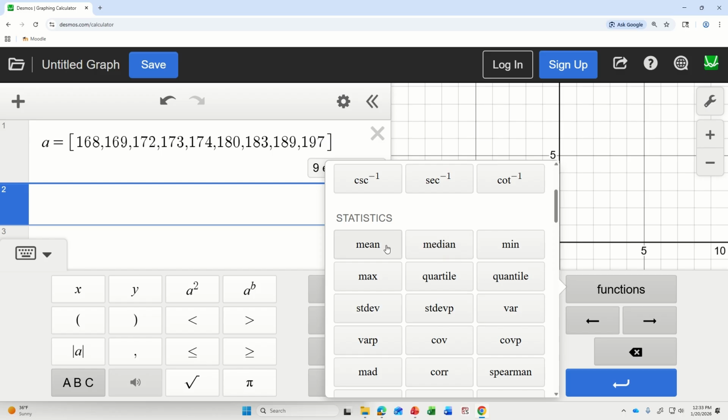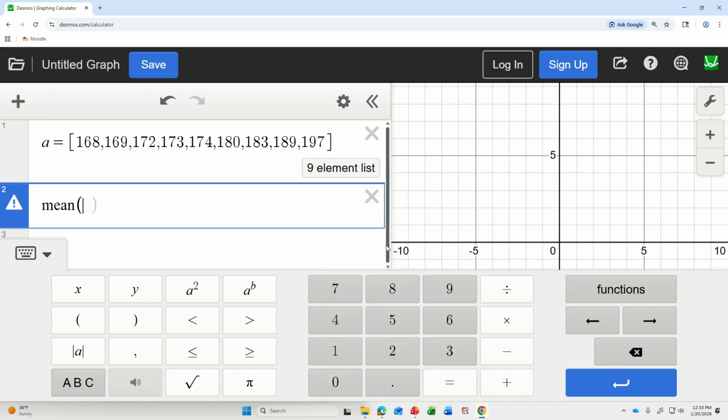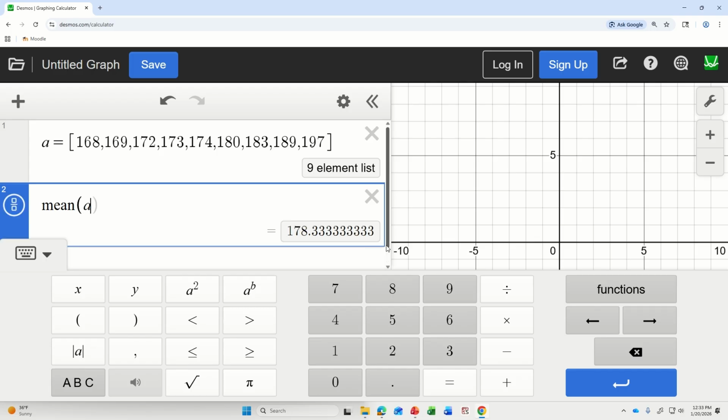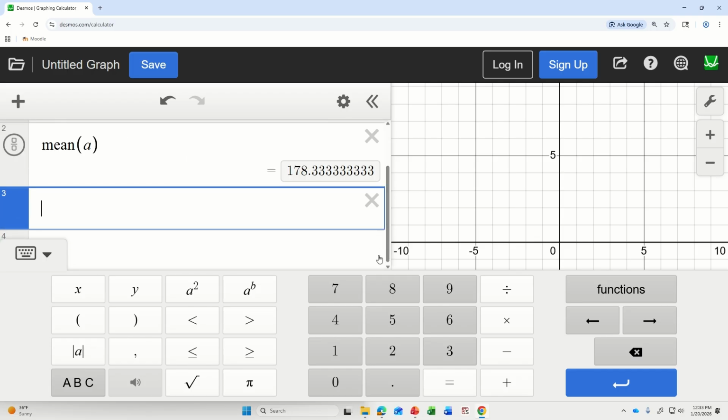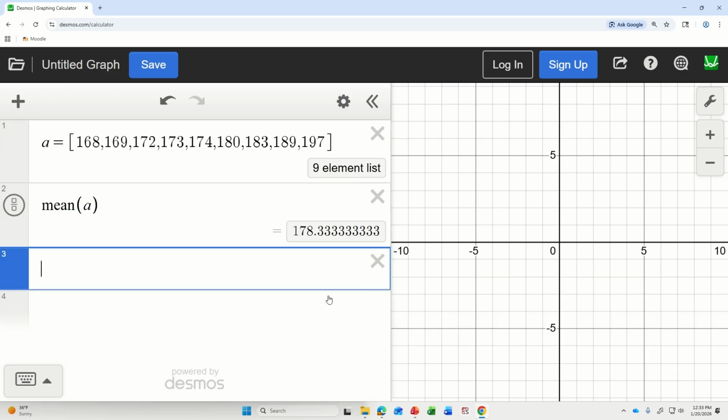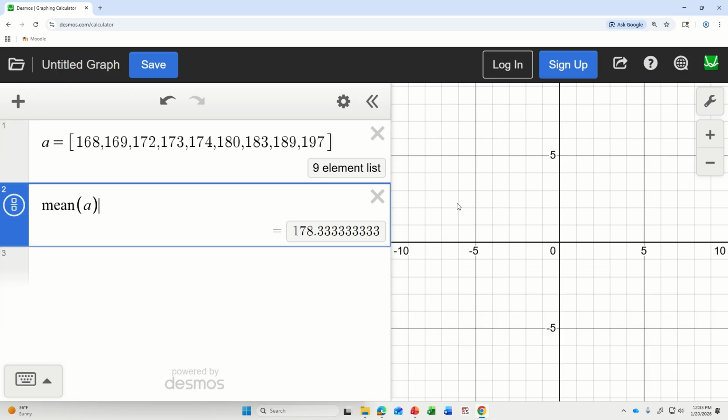But you can just click mean, and then inside the parentheses next to mean, we're just going to type the letter A to tell it to look in my A list to calculate the sample mean. So that's super easy. You can add them all up and divide by 9 to get the sample mean, or you can just do this.